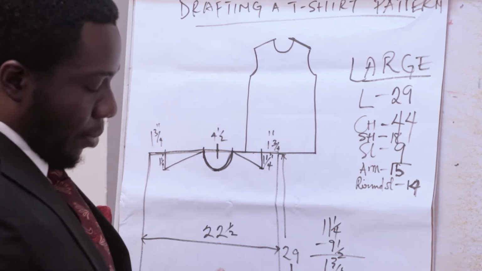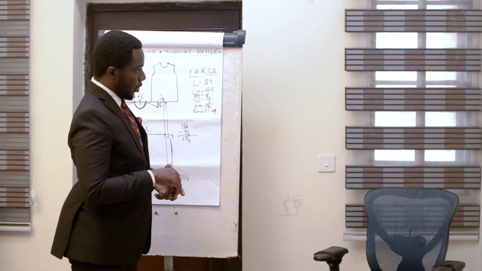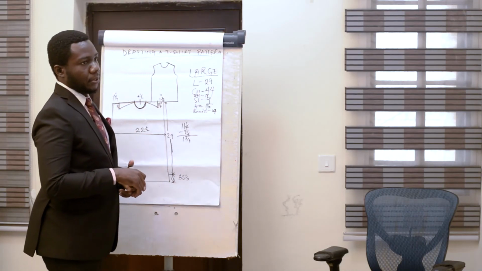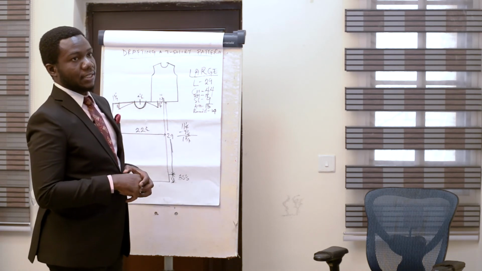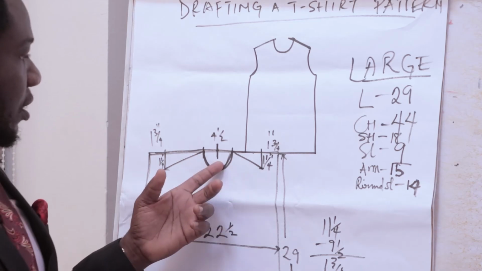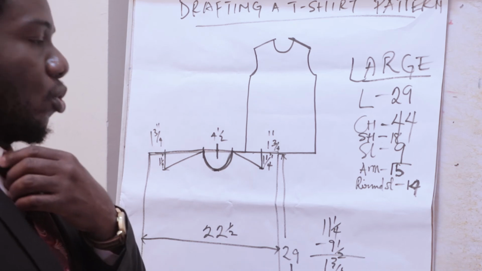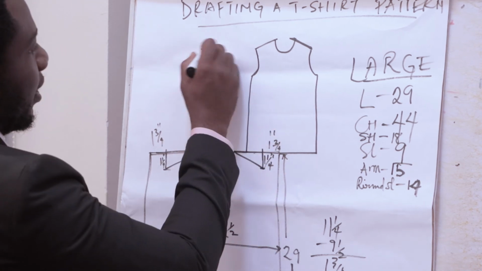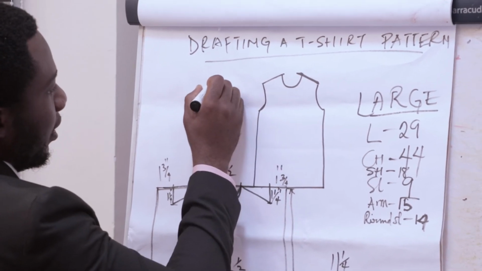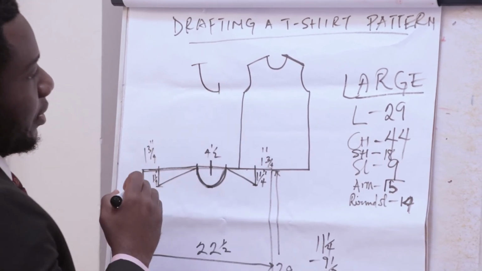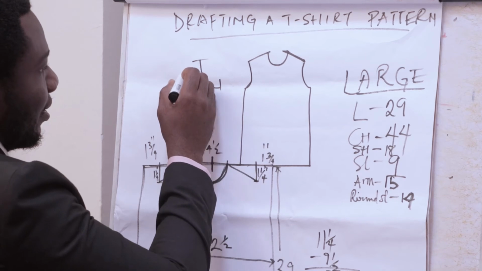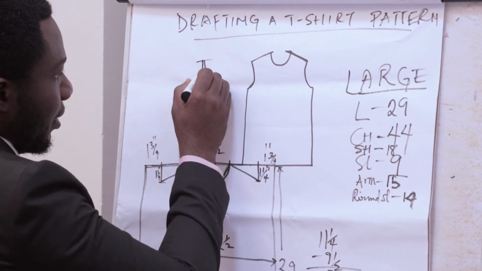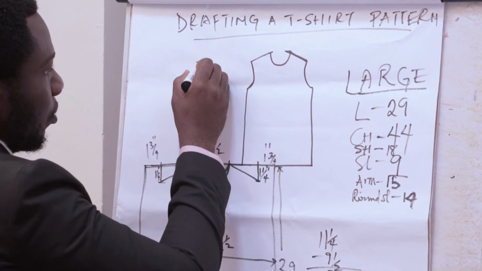But there's something about a t-shirt. It's a round shape, not like the way a shirt is. That 3 inches is also still sloped down, but it's not like the way a shirt is. The shirt's neck was a bit slopey like this. The t-shirt is not like that. The t-shirt is straight round like this. It's round.